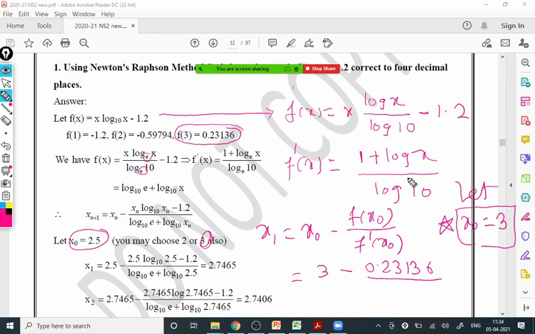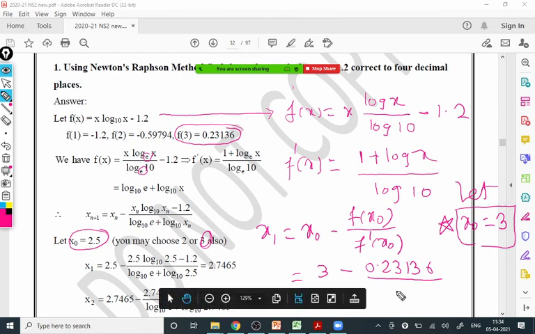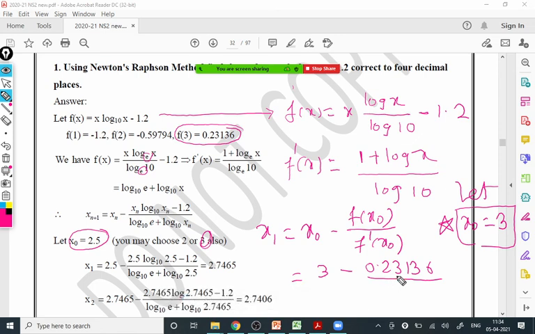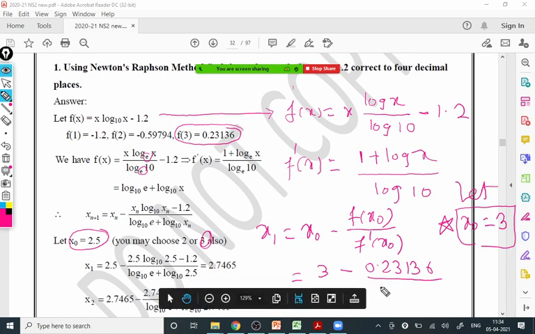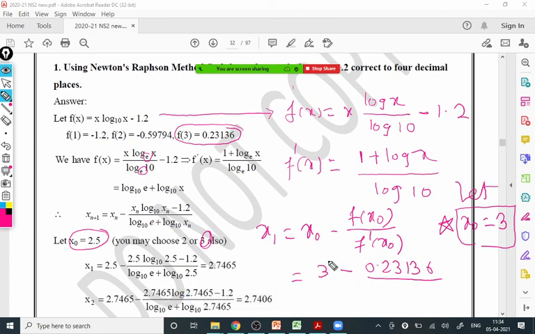Yes, anyone completed f dash of x0? Sir, how is x0 3 coming? Where is the root? The root is in the interval ab. What is the interval?